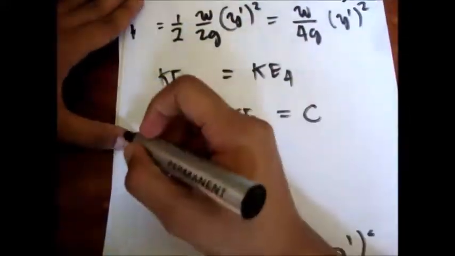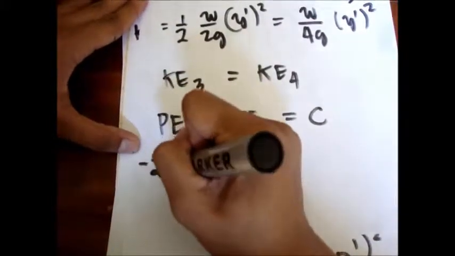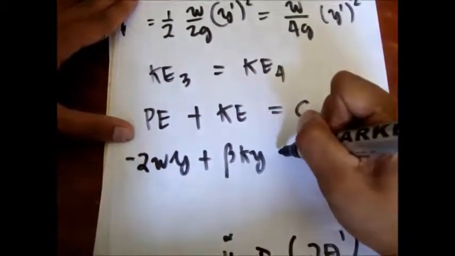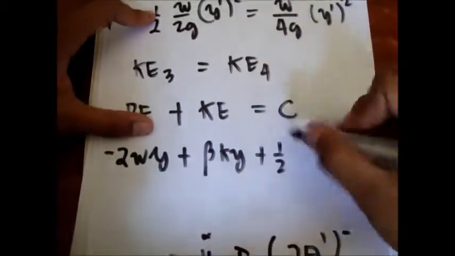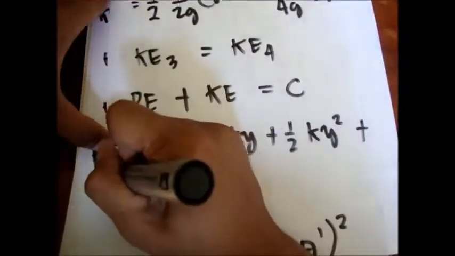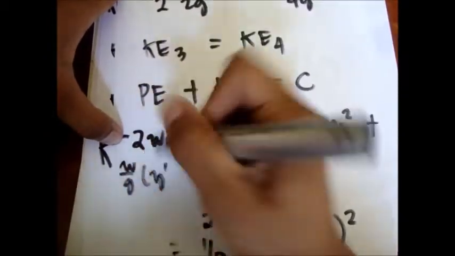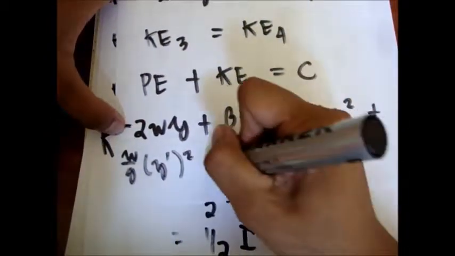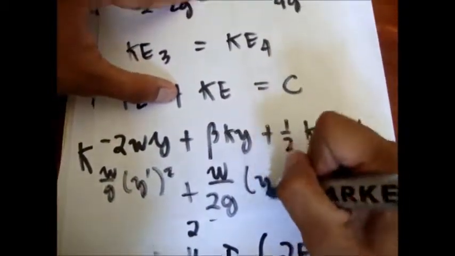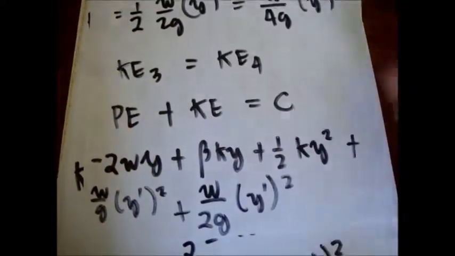Our PE here is negative 2 WY plus beta KY plus 1 half KY squared plus W over G Y prime squared plus W over 2G Y prime squared plus W over 4G Y prime squared.